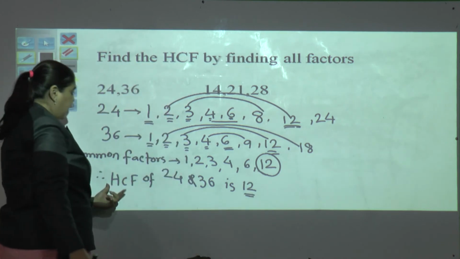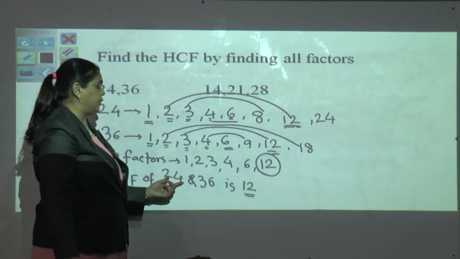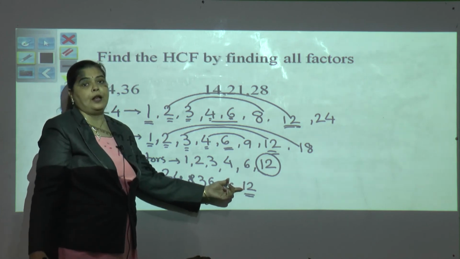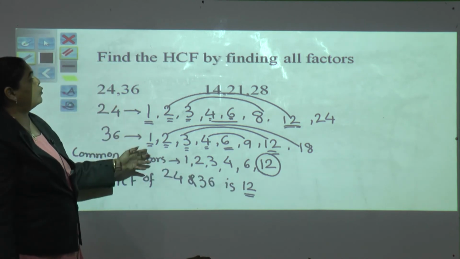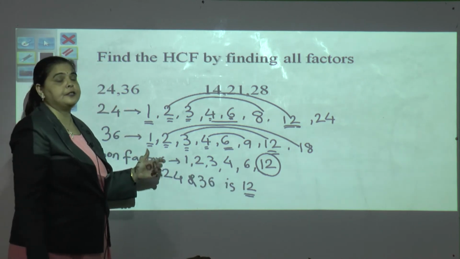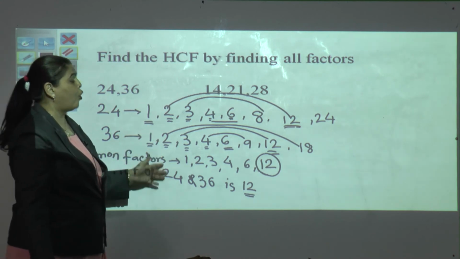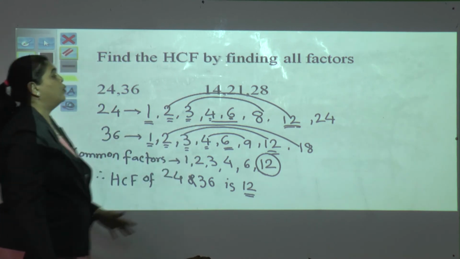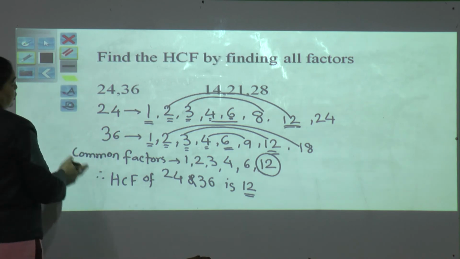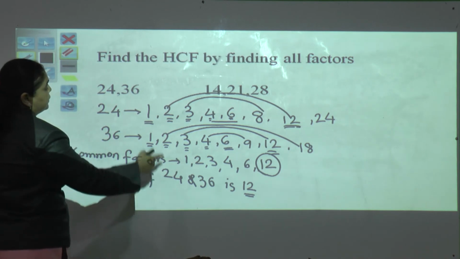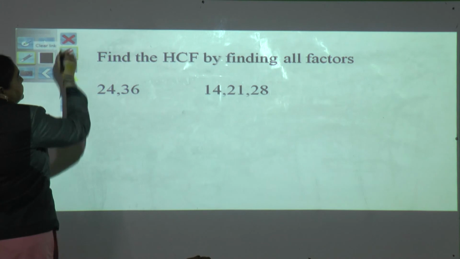That is, the highest common factor of 24 and 36 is 12. So in this way we have to find all the factors and then find the common factors. It will be easier to find the highest common factor between the given numbers.